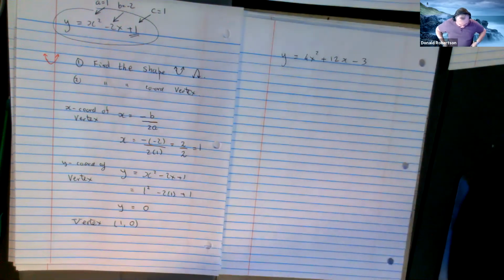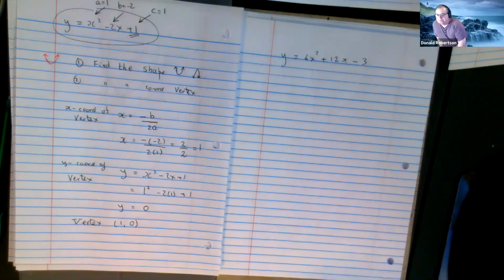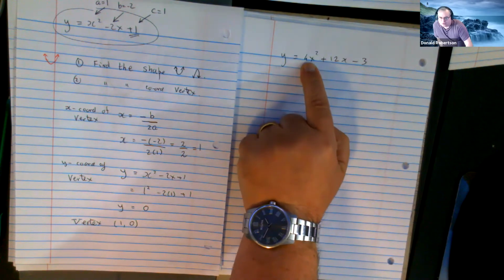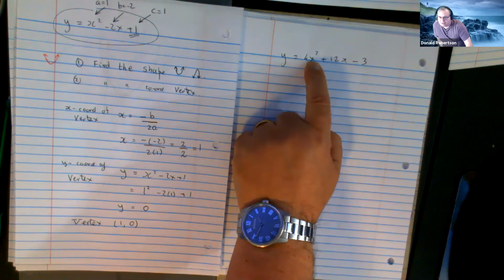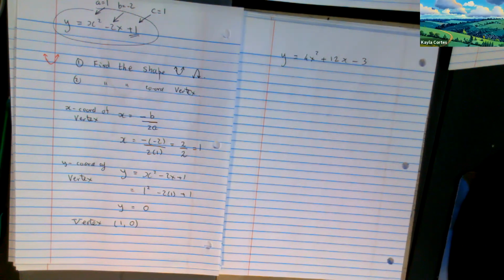I'm picking really ugly numbers because I don't want nice answers like 0 all the time. What shape will this have? Happy or sad? The only number that matters is the coefficient of x squared, the number next to the x squared, which is 4 here. Happy or sad? Concave up, happy face.